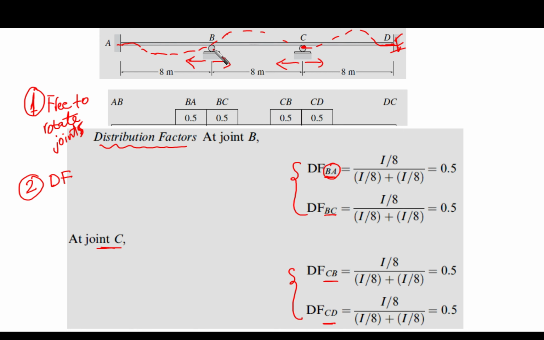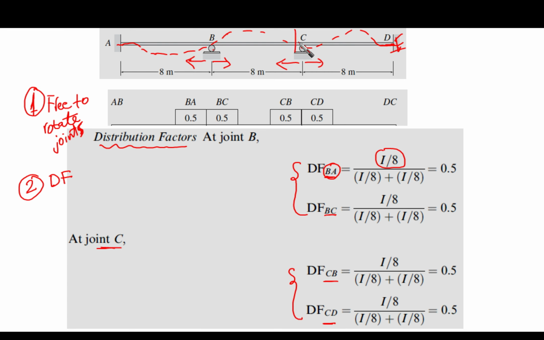So if we are going to talk about the distribution factor for this span, BA, in the numerator it is going to be I over L. It is I over 8 here, L is 8 meters. Over the relative stiffnesses of the two spans. The relative stiffness of BA is I over 8, and the relative stiffness for BC is I over 8 also.